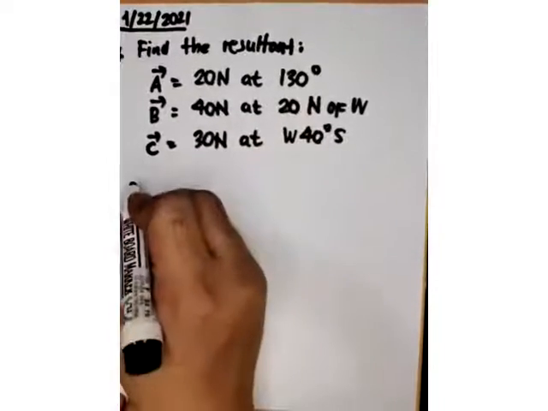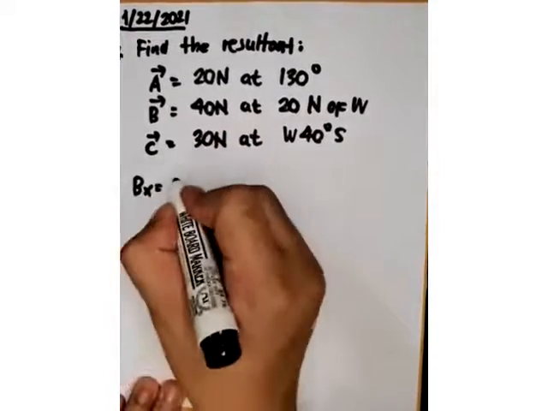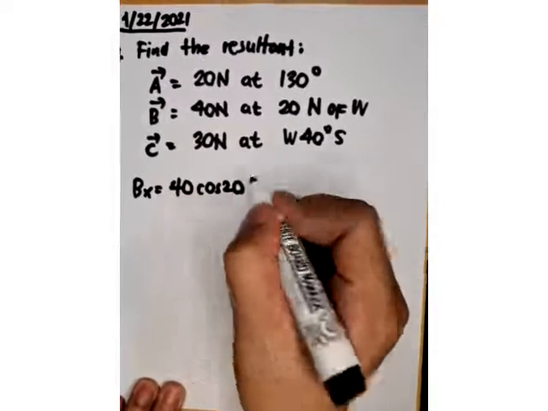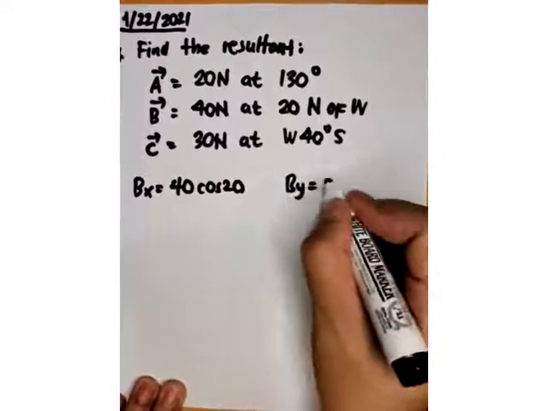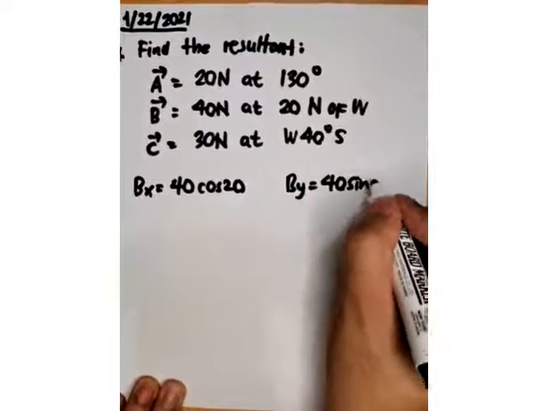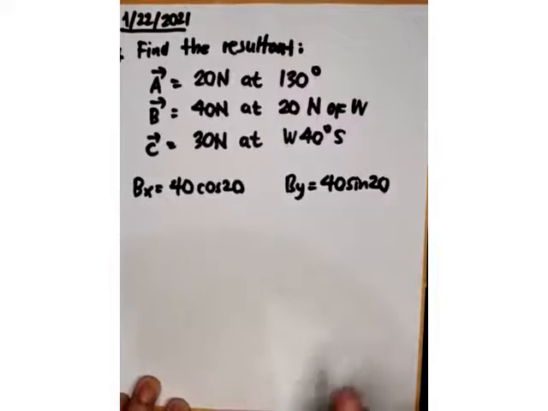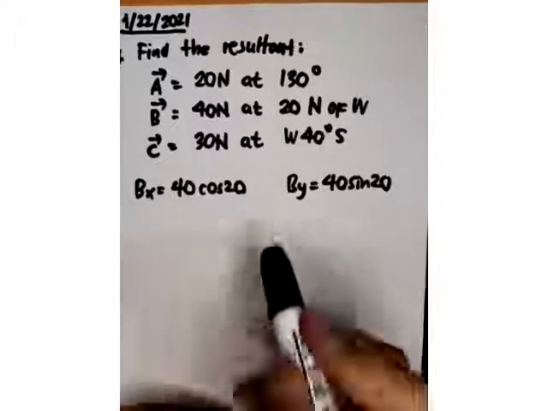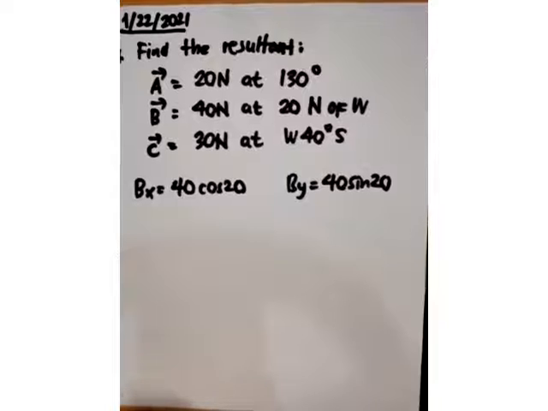Pwede bang gamitin yung B of X is 40 cosine 20 at saka yung B of Y 40 sine 20? Pwede bang gamitin yan? Kung tinatanong nyo ay pwede naman. Pwede naman talaga silang gamitin. Kaya lang, meron pa kasing iniisip pag ginamit nyo yung mga yan.